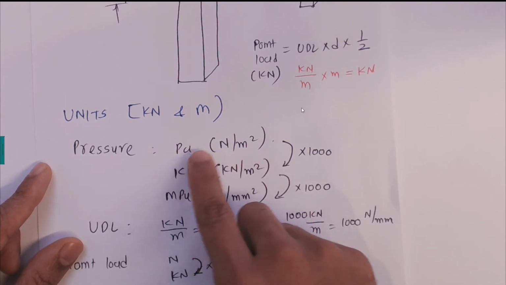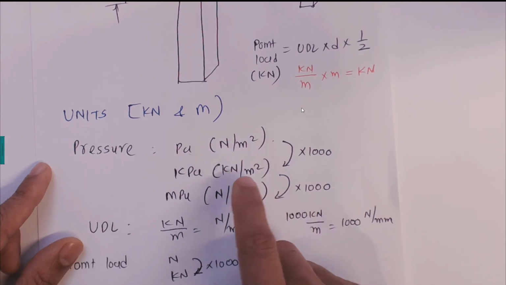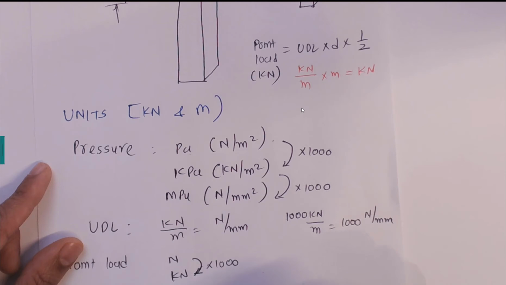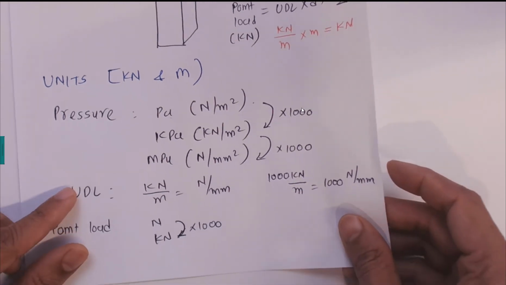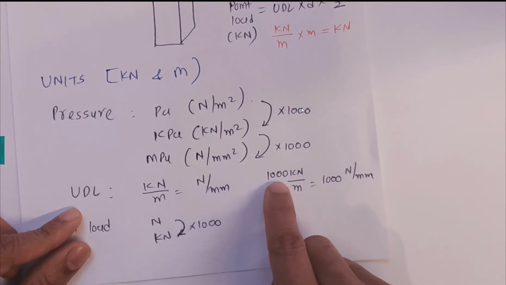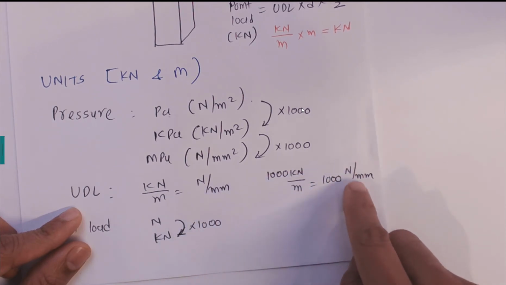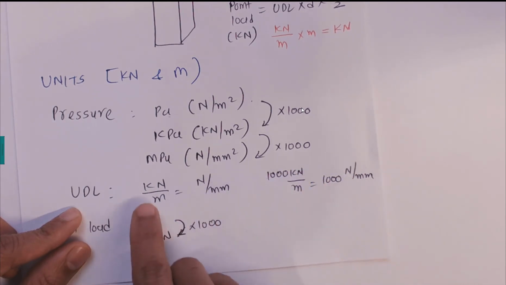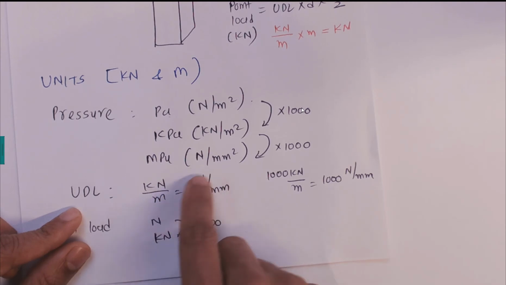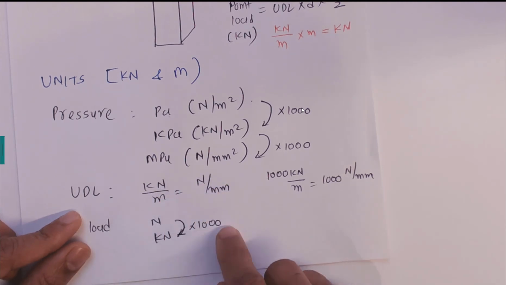Pascal is Newton per meter square, kilopascal is kilonewton per meter square, and megapascal is Newton per millimeter square. Interesting fact: kilonewton per meter is equal to Newton per millimeter. If you take 1000 kilonewton per meter, it is equal to 1000 Newton per millimeter, because you multiply by 1000 to convert into Newton and divide by 1000 to convert into millimeters. The 1000s cancel, so we have Newton per millimeter.